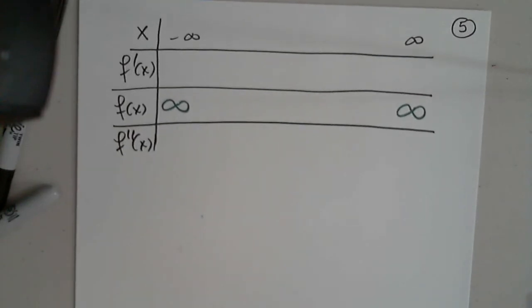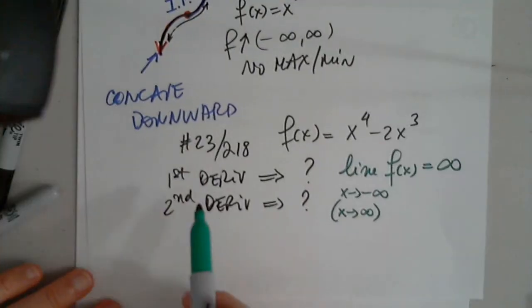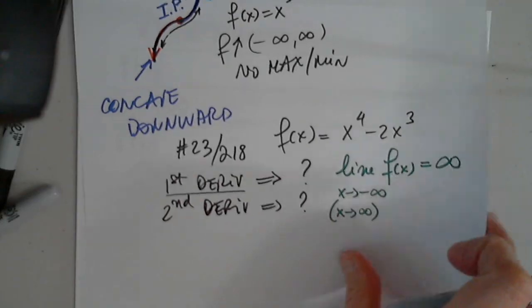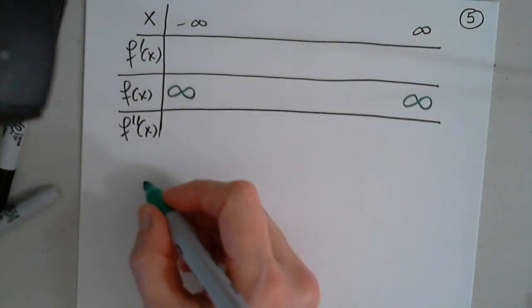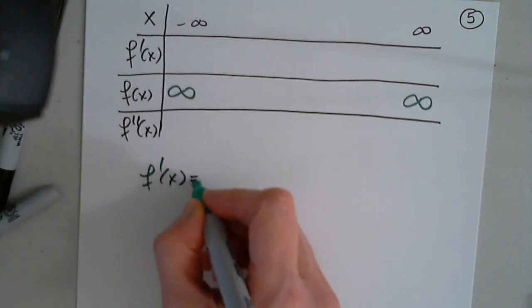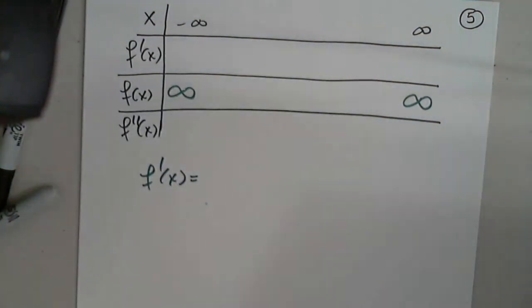Perfect. The next step is I need to investigate the first derivative. Where is my starting point now? What do I need to do next? f prime of x. Of course, f prime of x. Can anyone give us f prime of x?